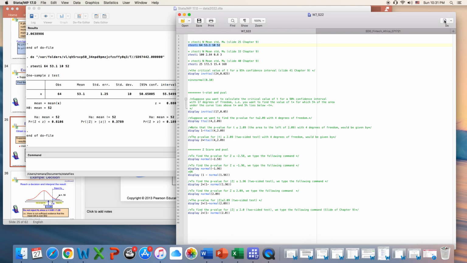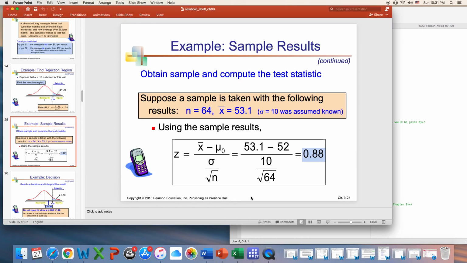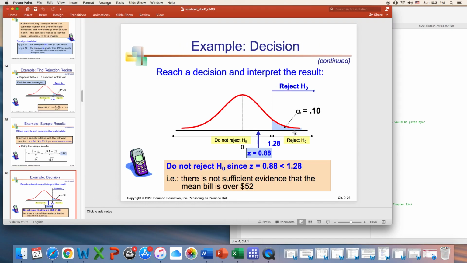Okay, so you get this table. This table is showing us the observations, the mean, the standard error, the standard deviation, and this is the test. We're testing whether it's a one-sided test, as you can see.